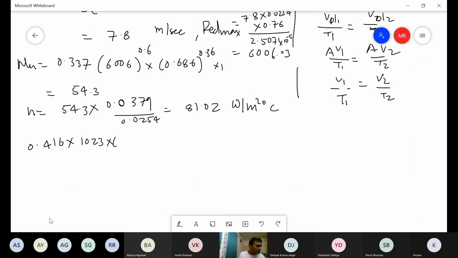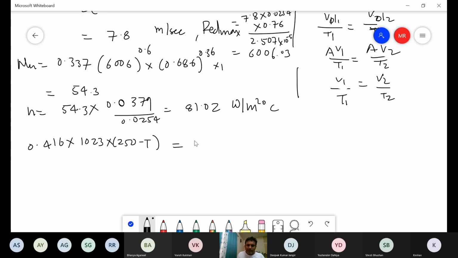So this will be 250 minus T, and the right hand side will be h A delta T LMTD.